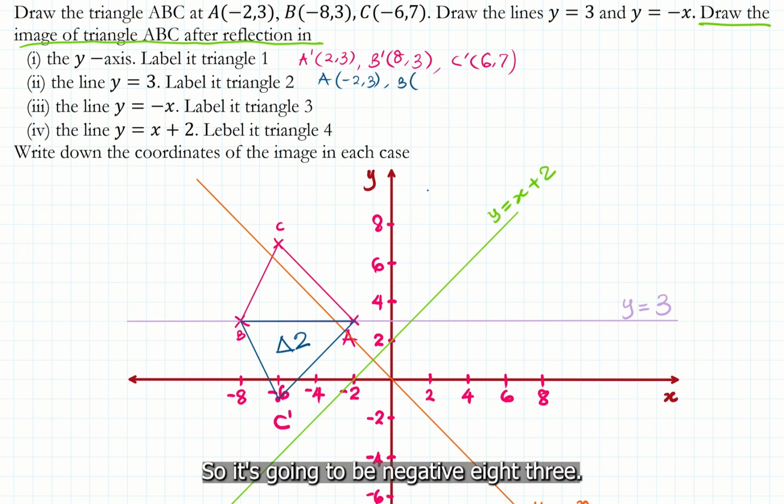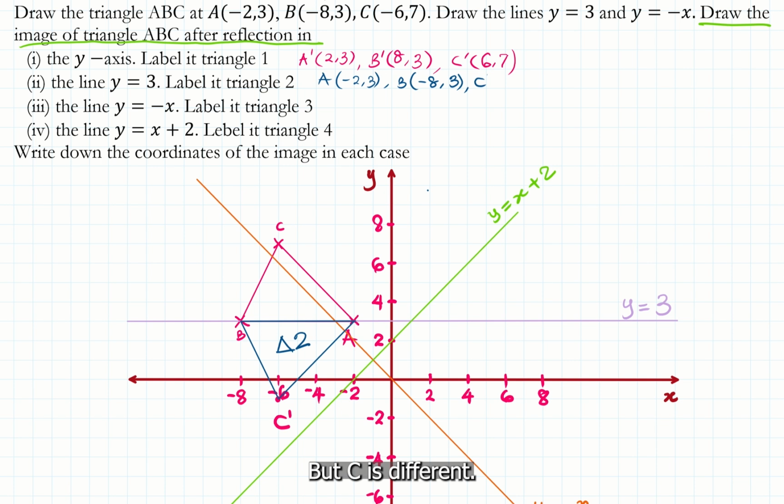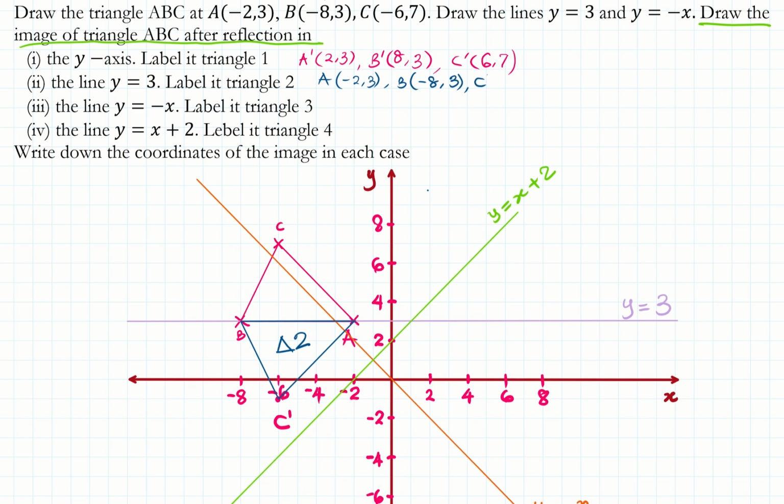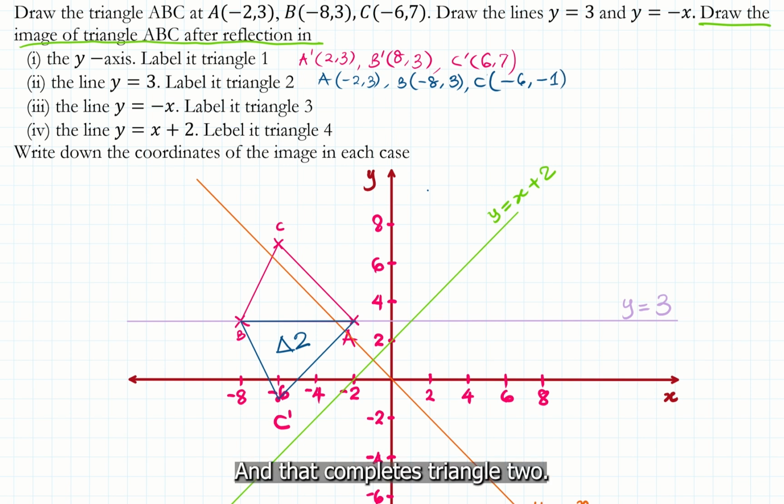So it's going to be -8, 3, as in the original question. For C it is different. So for C, we have x is -6, y is -1. Okay, and that completes triangle 2.